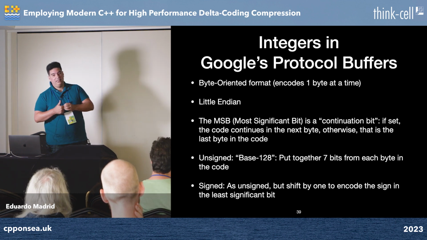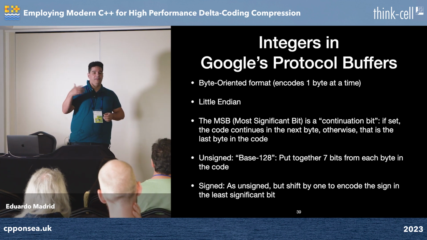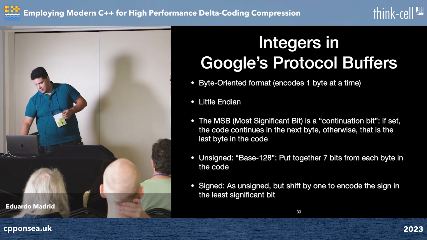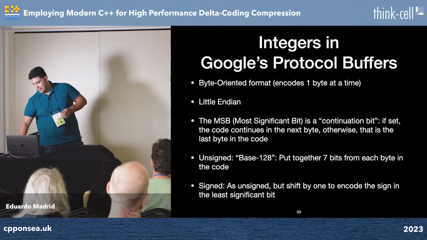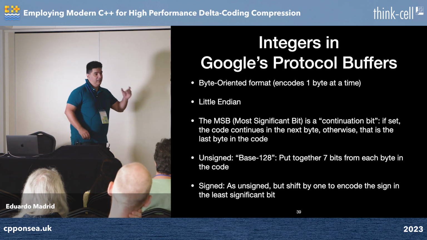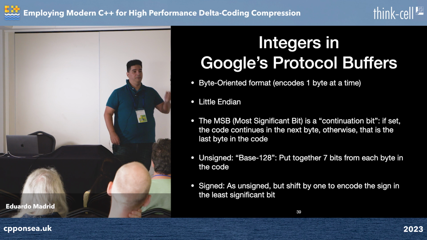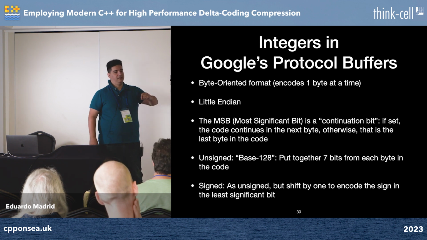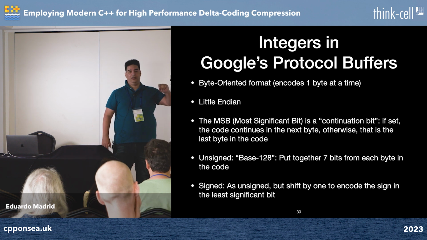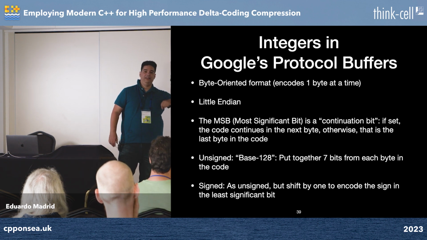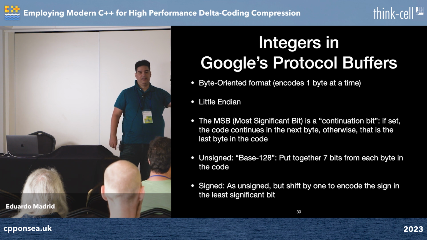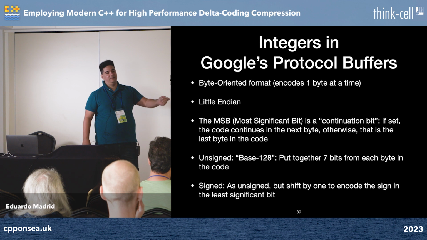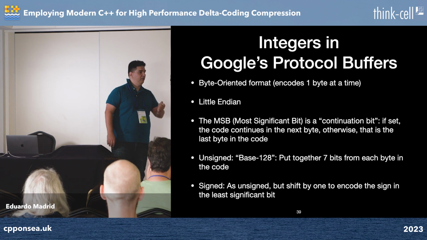The encoding is little endian, meaning that the least significant bits are going to appear before the most significant bits. And in the resulting code, the most significant bit, the MSB, is going to indicate that the code needs at least one more extra byte if it is set, or that it doesn't need any more bytes, therefore it is the end of the code, if it is 0.